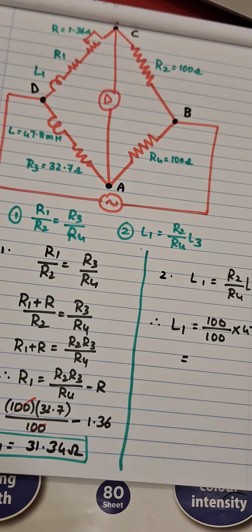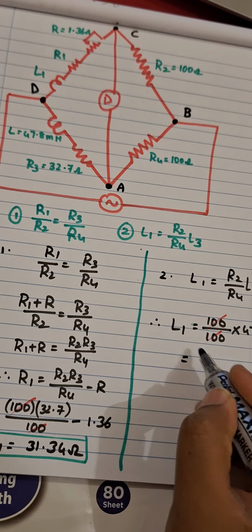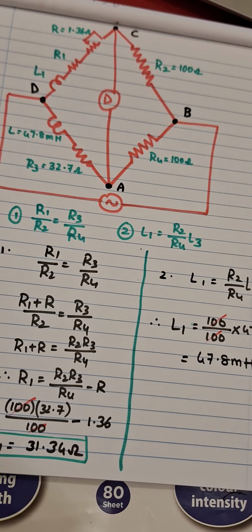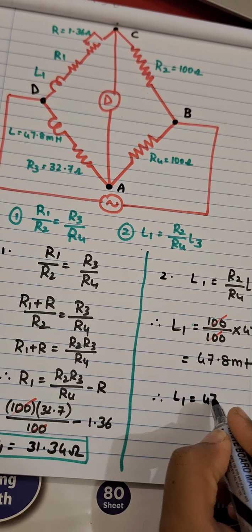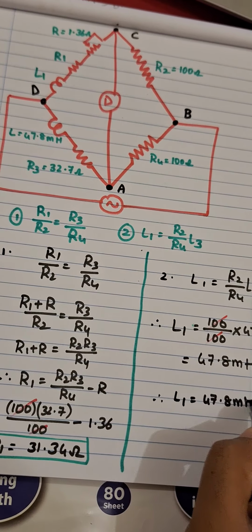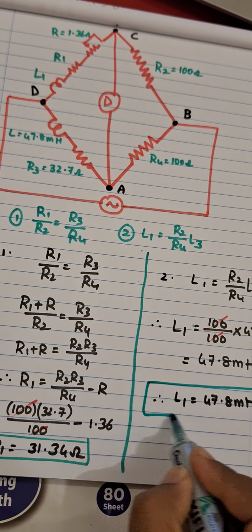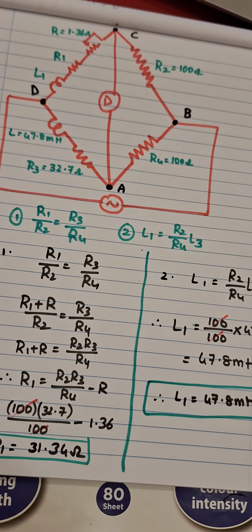So this is equal to, obviously 100 will cancel, so your answer is 47.8. So you will say, therefore L1 is equal to 47.8. Always write the units. Millihenries, always write it down. Ohms, always write it down. So units are always important. So this is how you should solve the problem.